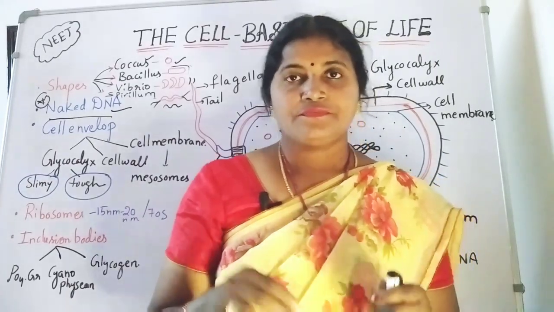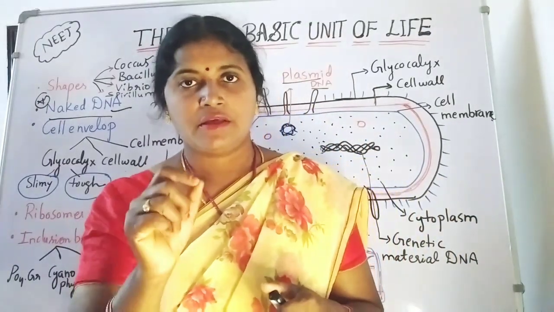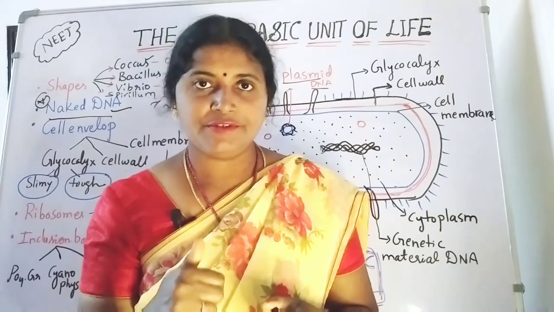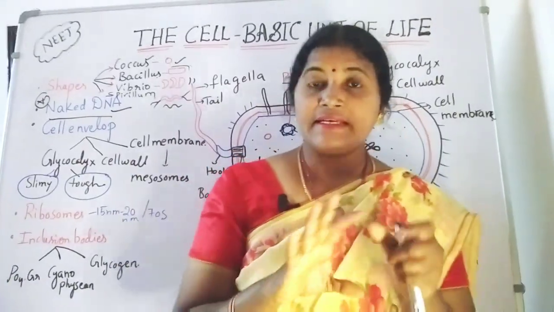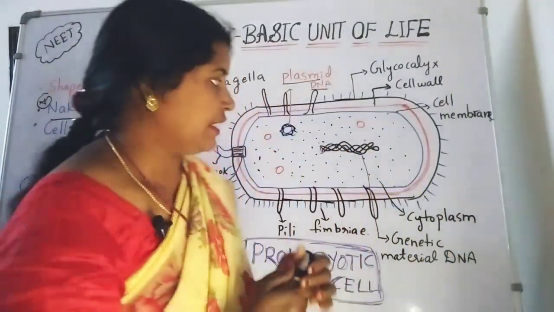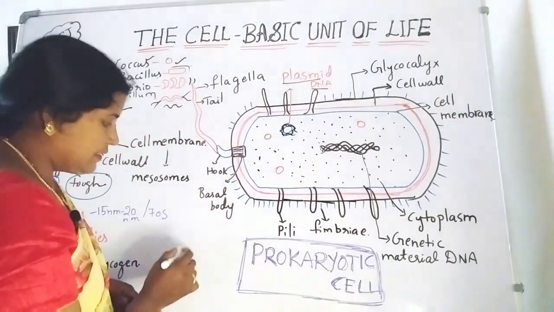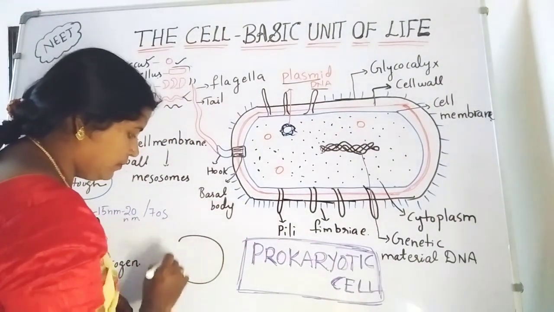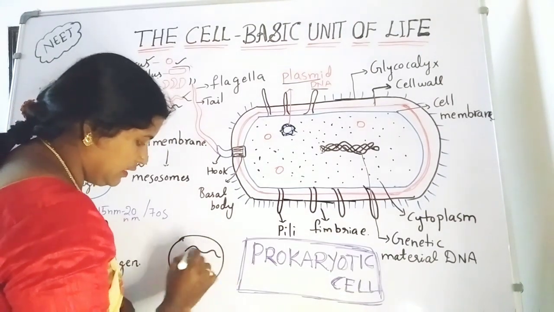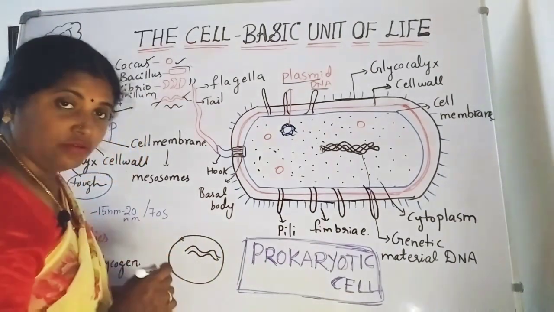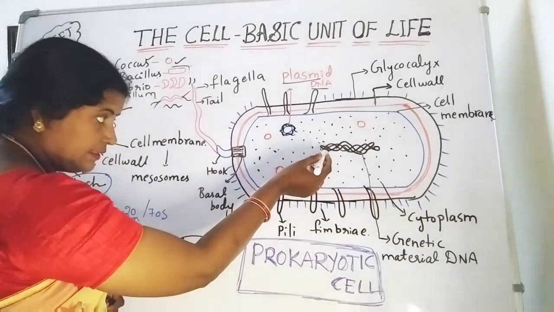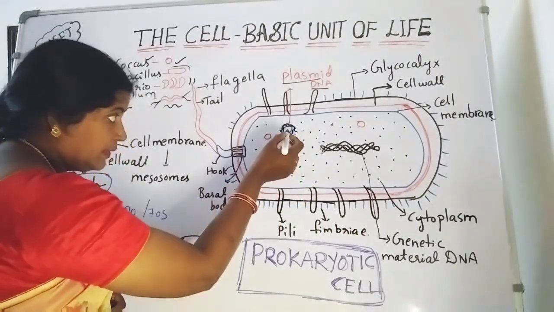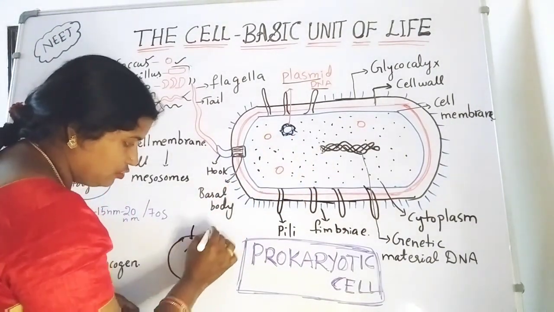For example, when E. coli bacteria enters our body, it has to change its shape. This is our genetic material.